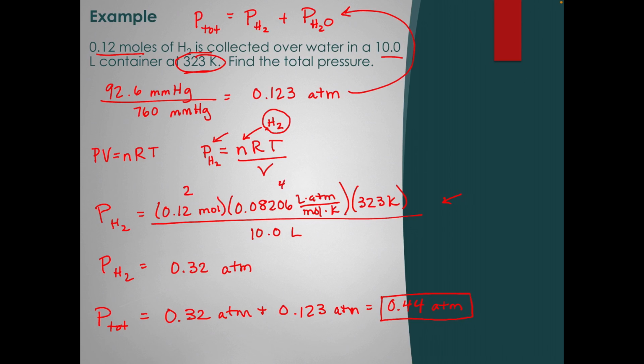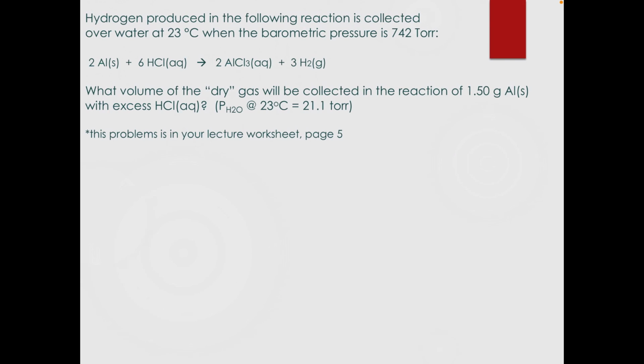Here we have 2, 4, 3, and 3. So our answer should have 2 significant figures. When we follow the addition-subtraction rule down at the bottom, we're looking at numbers past the decimal point. This has 2 numbers past the decimal point. This has 3 numbers past the decimal point. So our answer can only have 2 numbers past the decimal point. So make sure you're always paying attention to significant figures. Okay.